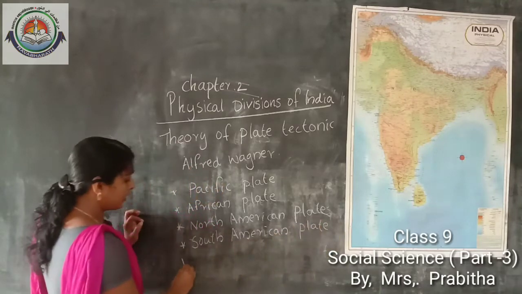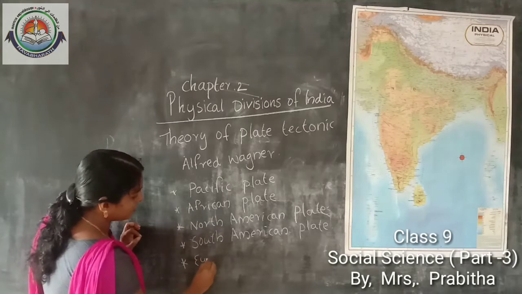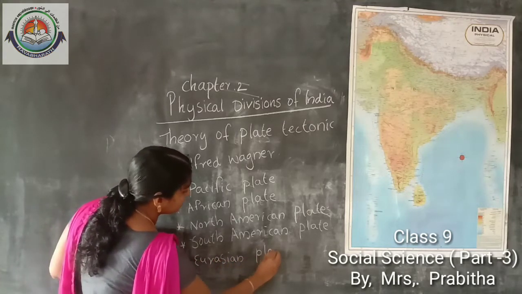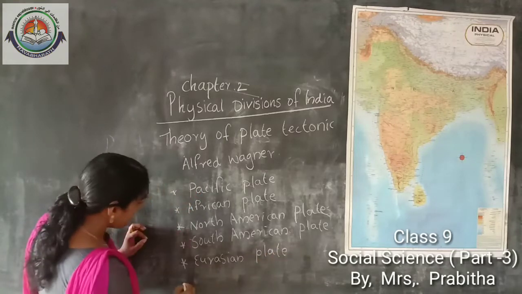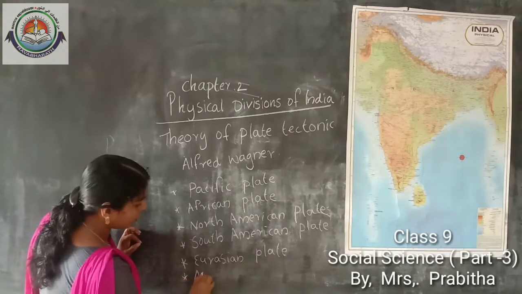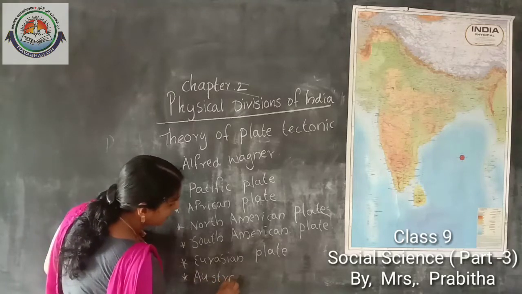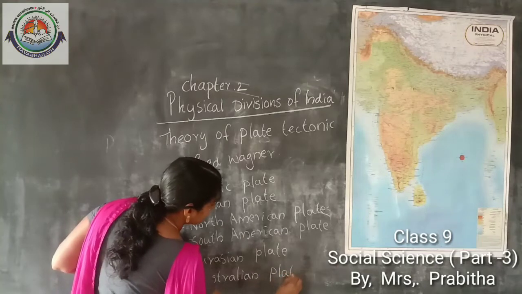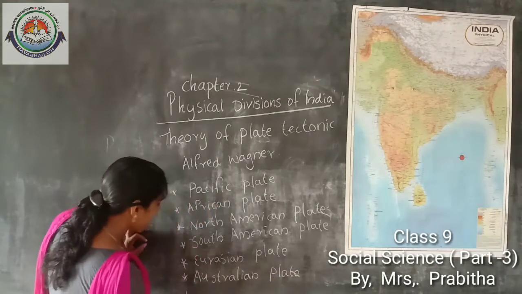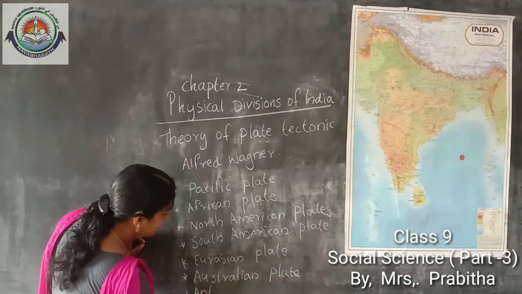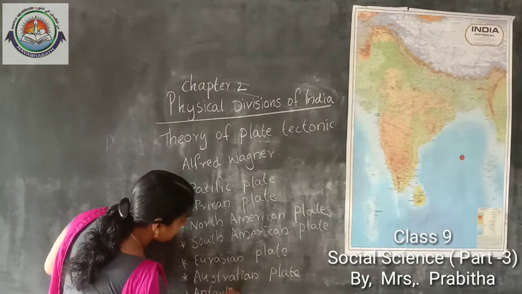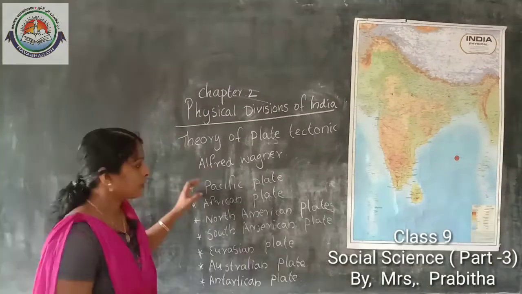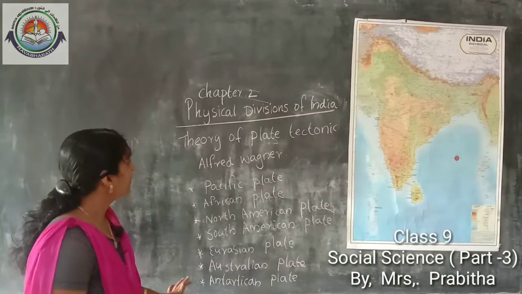And next one is the Eurasian plate. And next the Australian plate. And last one is the Antarctic plate. So these are the 7 tectonic plates.